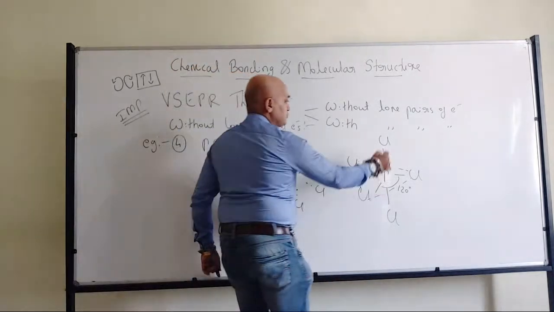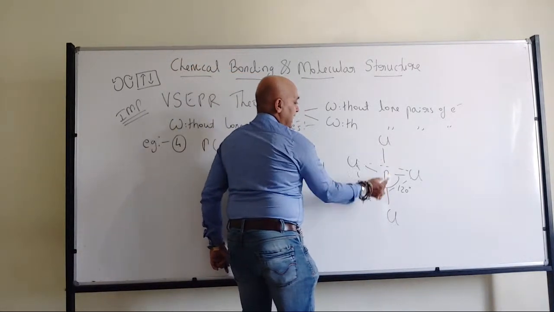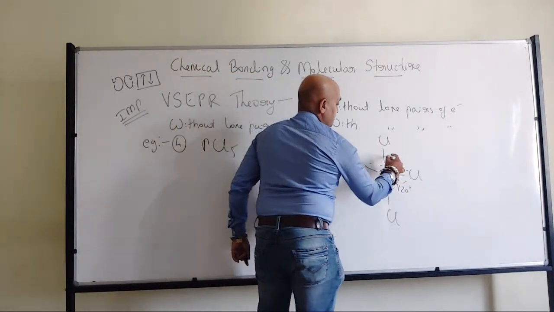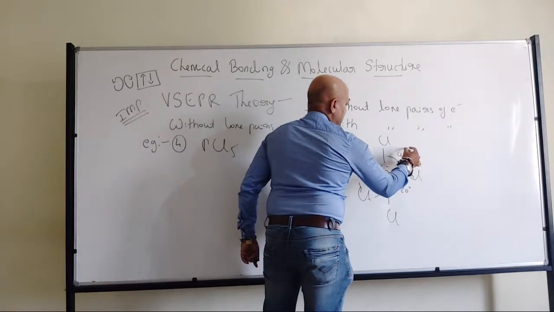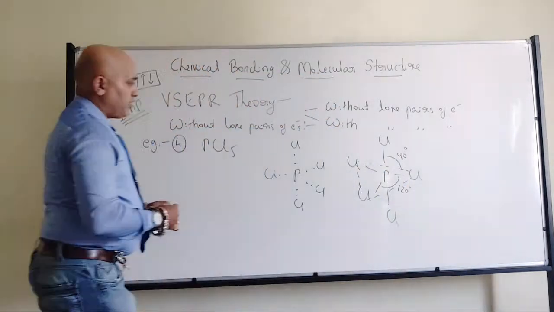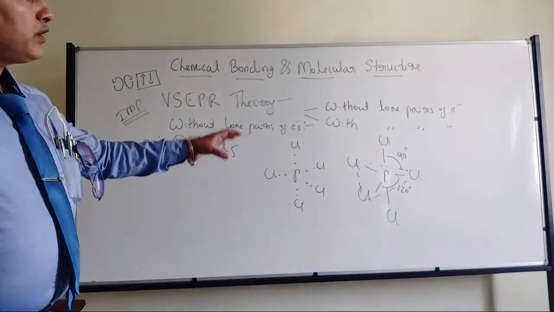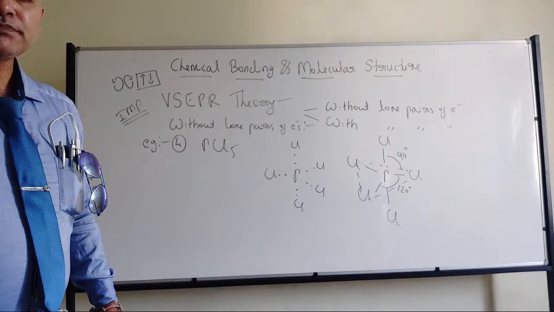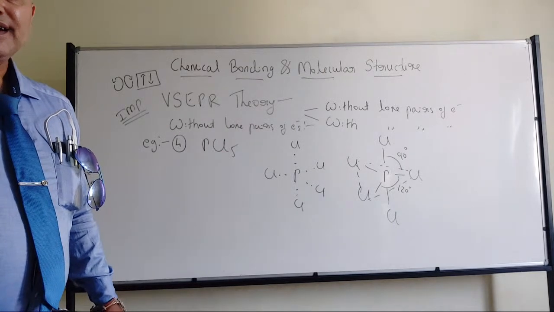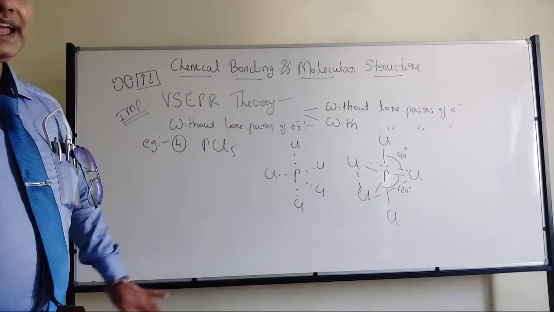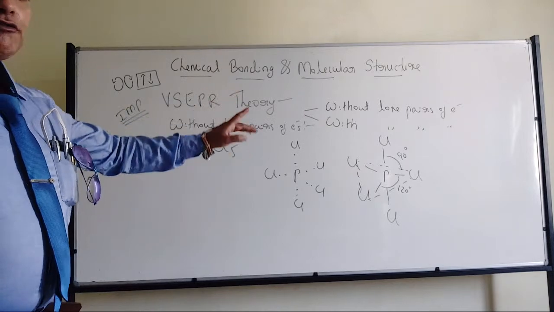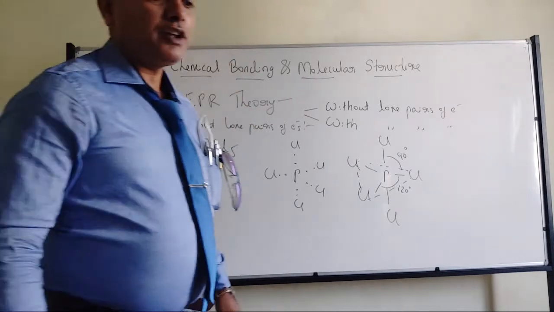And of these 2 chlorine, one is above and one is below. So therefore, they will be forming 90 degrees. So that's one of the structures with respect to PCl5, where 3 chlorine will be in one plane and 2 chlorine, one above the plane and another below the plane.